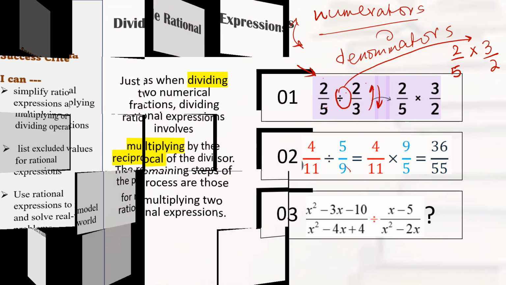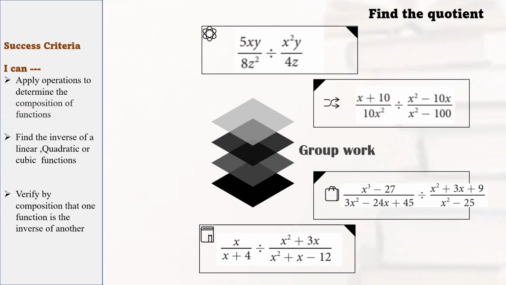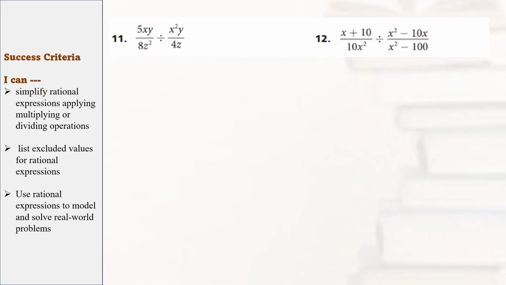Let's try to understand each and every question by solving these given questions. So here is the first question, 5xy over 8z square. Whether it is multiplying or dividing, first of all, the first expression should be written as it is.